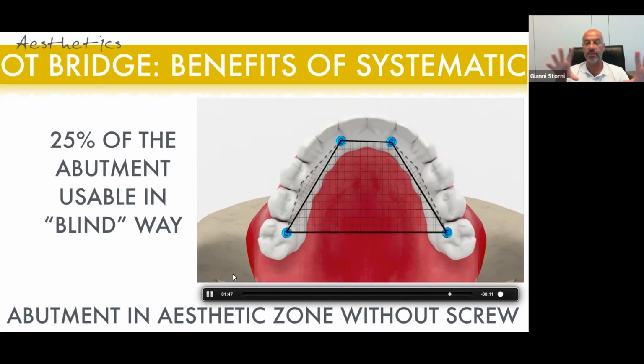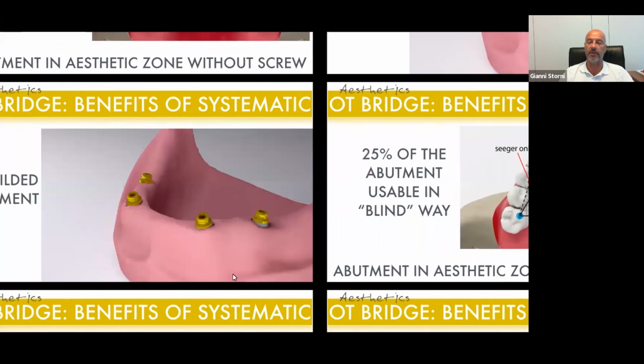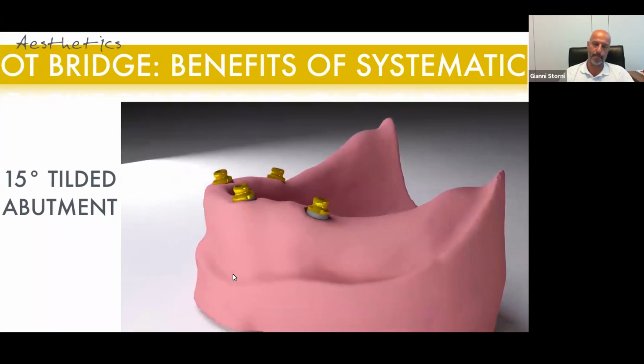Try to manage, and you can use Seeger and screw or just Seeger and screw. It's your choice, but of course the screw has to be positioned to stabilize the bridge correctly. And this is one big advantage that all the customers are loving, because we know that screws give us problems if they are in a bad position.